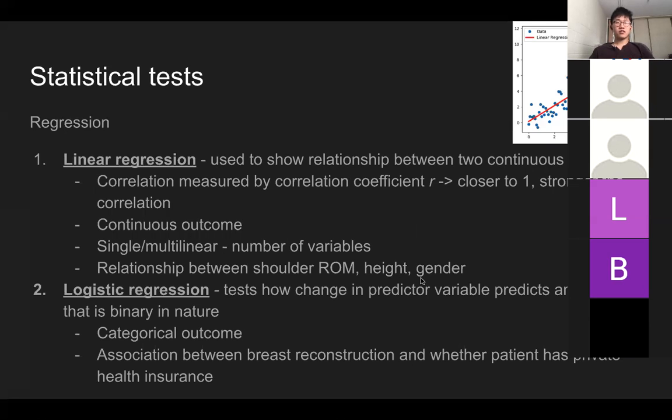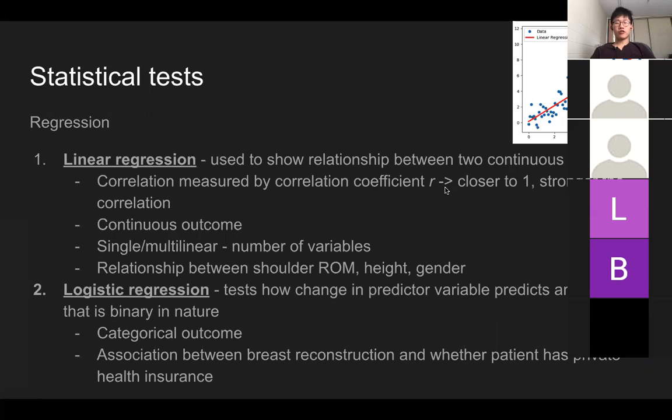Regression tests, sort of. This is not so much a test itself, but more of an analysis method, which you use to show relationships based on your results. With linear regression, you plot your chart and make a line of regression to see if there is any correlation.